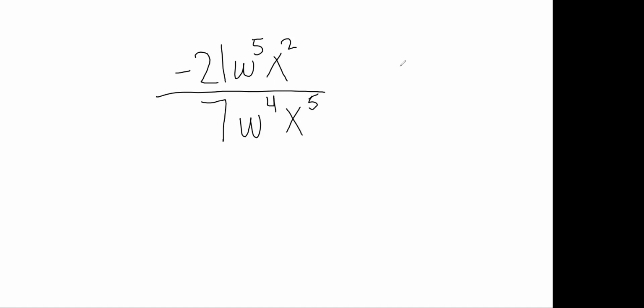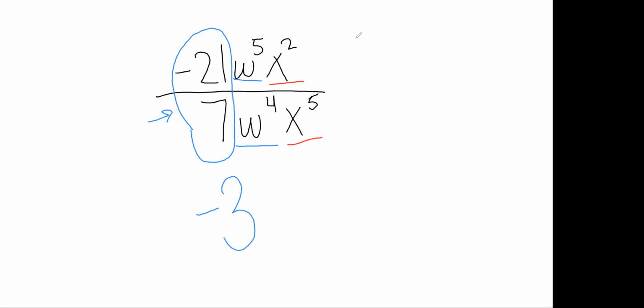Okay, so we're looking for patterns of the same base. We're looking for exponents that have the same base so that we know we can work with those. We have w to the 5th and w to the 4th here, x squared, x to the 5th here, and then we have our numbers, negative 21 and 7 here. These we're just going to divide. Negative 21 divided by 7, well, that's negative 3.